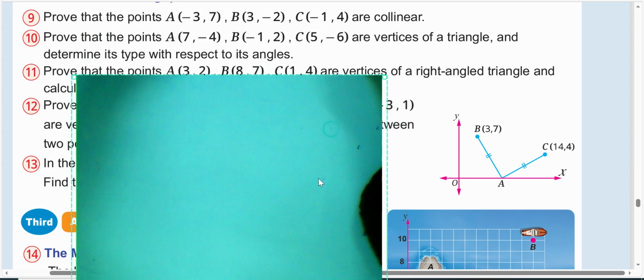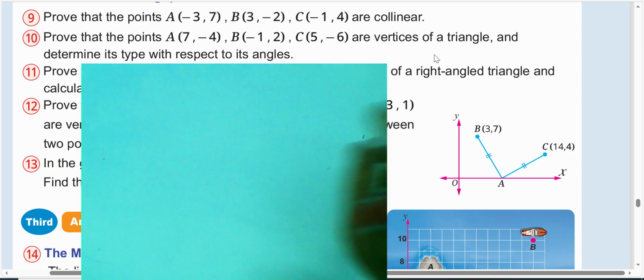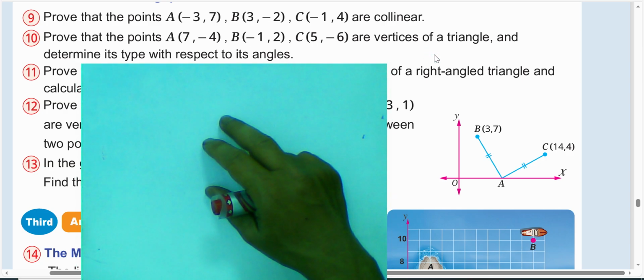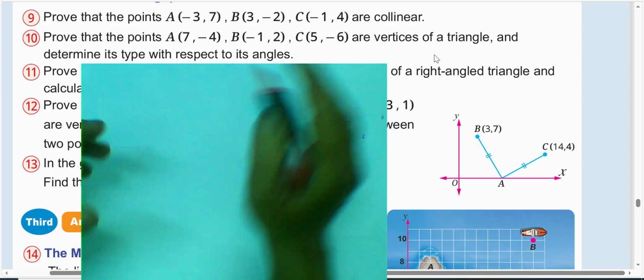Next question: prove that the points A, B, and C are vertices of a triangle. Determine its type with respect to its angles. First step, we find the length of AB.